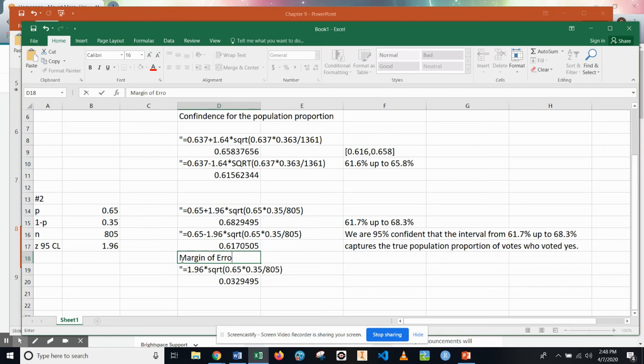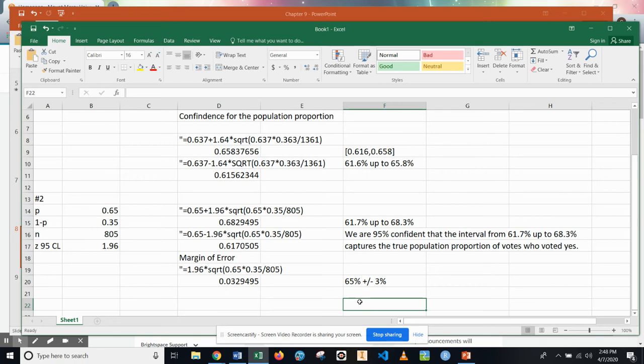So you might see something like 65% plus or minus 3%. That's what you'd be more likely to see in a poll published on TV or a newspaper or a magazine online.